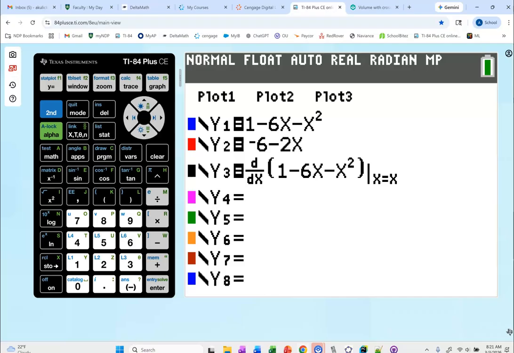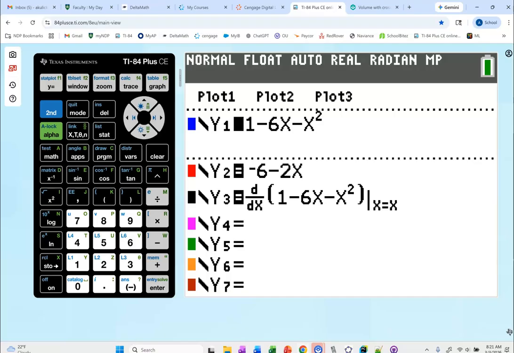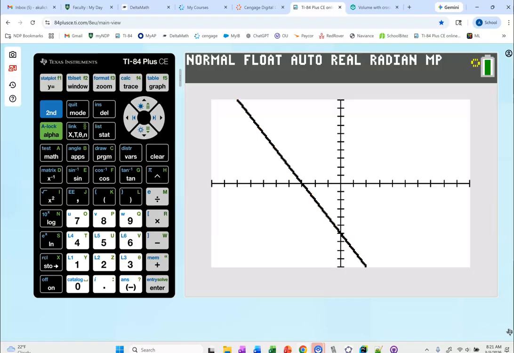Everybody good? Let's see if we got the right answer. Red one's our answer, black one's the calculator's answer. What do you notice? It's the same. They match. So we should be good, right?